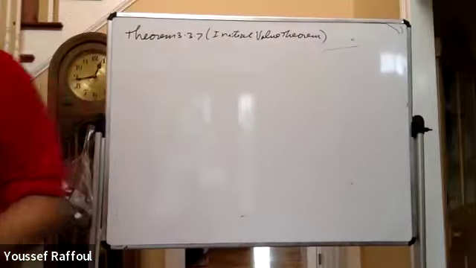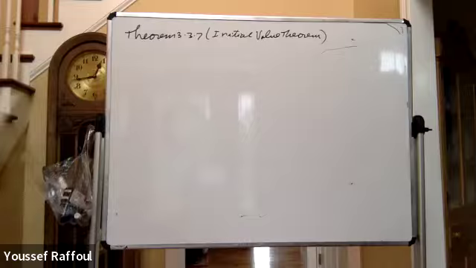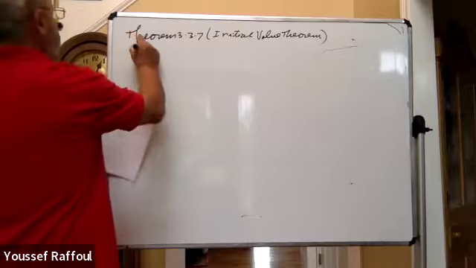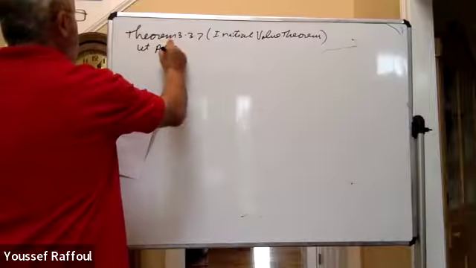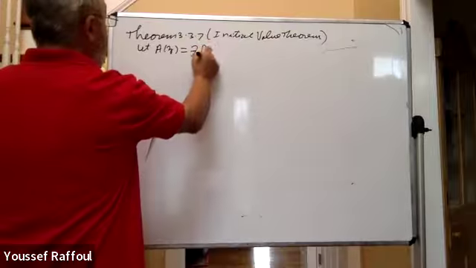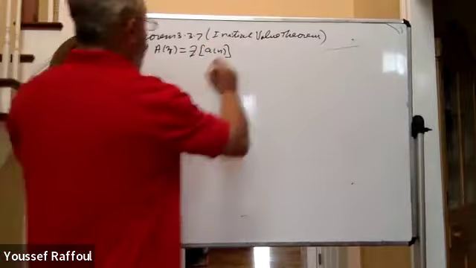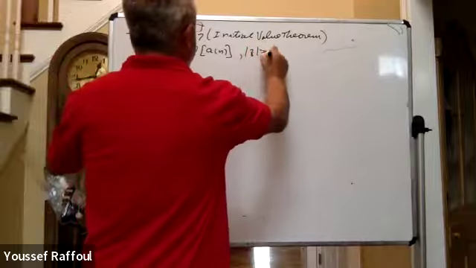Okay, initial value theorem. So we're going to let A(z) be the Z transform of a_n, and this is for z bigger than rho.